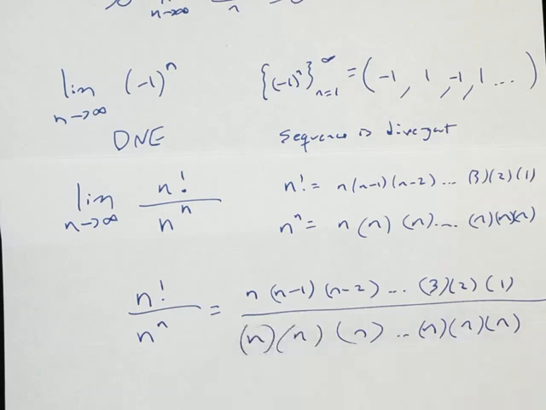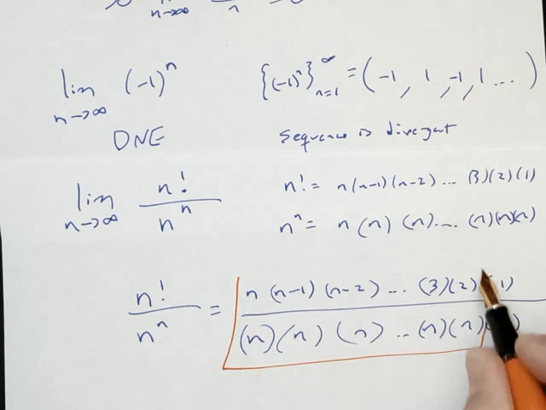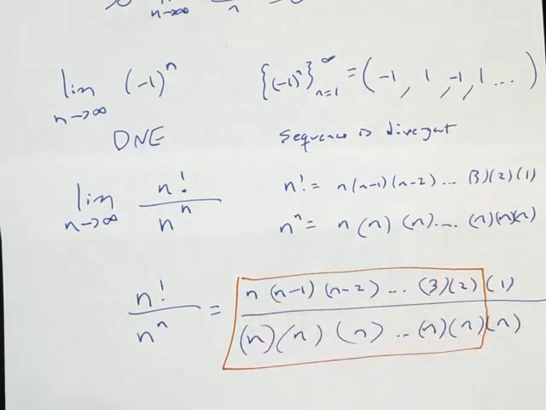Hey, wait a minute. Instead of canceling, I want to do a different idea. I want to consider all of the different pieces here. Everything except that very last 1 over n. I'm going to put it in a box. Tell me, what do you know about the number inside the box?